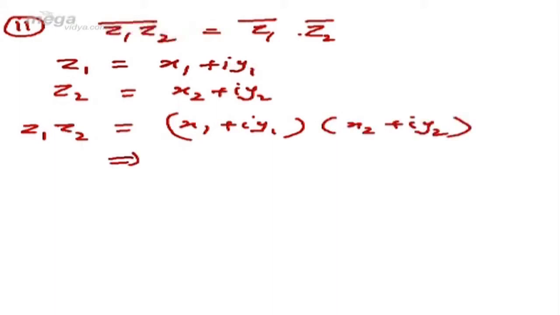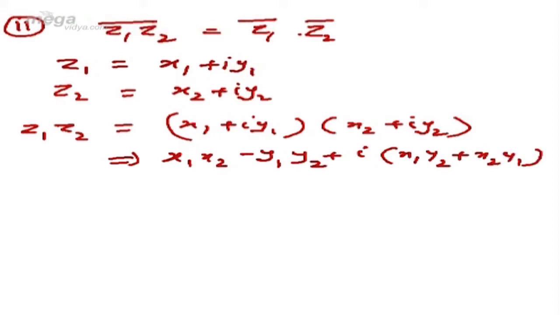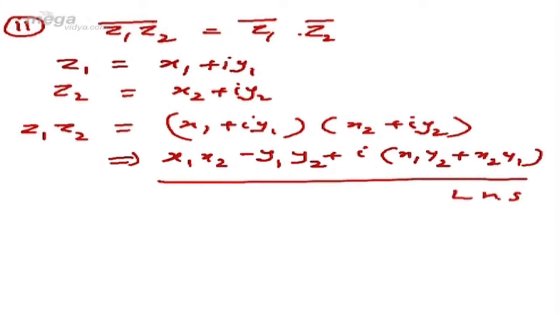By multiplying, you will get x1x2 plus i square y1y2. I square becomes minus 1, so x1x2 minus y1y2 plus i times (x1y2 plus x2y1). This is the left hand side of the property.